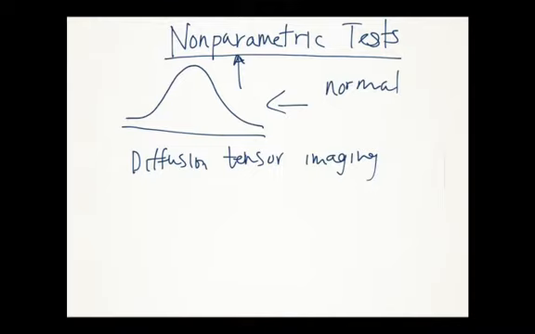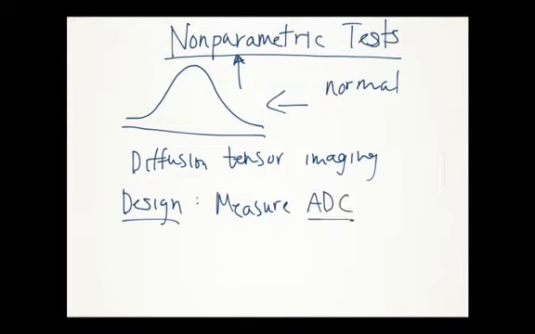Okay, and so the design of this study to investigate this question is a kind of cool design that we haven't talked about so far, I believe. We're going to measure ADC, this continuous outcome of interest. Again, always think about the types of variables you're working with. This is a continuous outcome in pediatric MS patients.